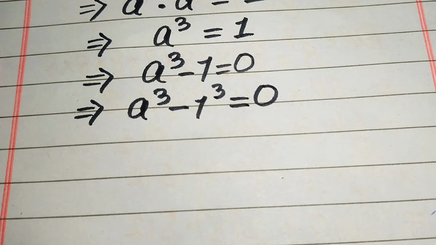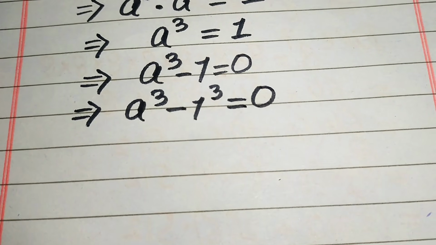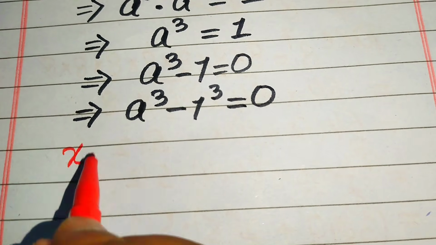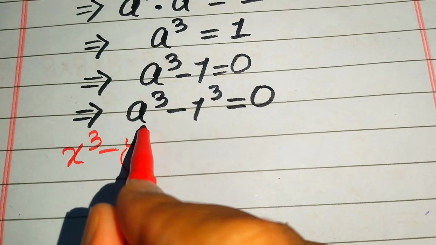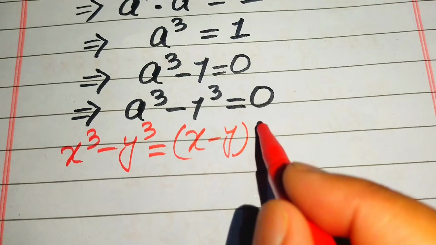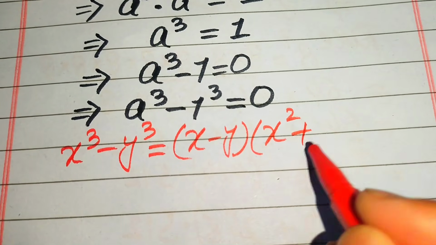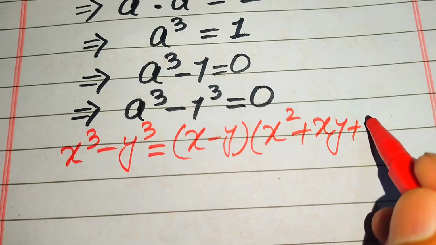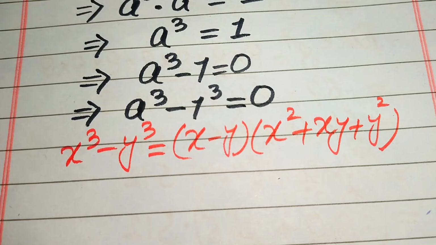Now further, in the next step, we use a nice algebraic formula. We have x cubed minus y cubed is equal to (x minus y) times (x squared plus xy plus y squared).